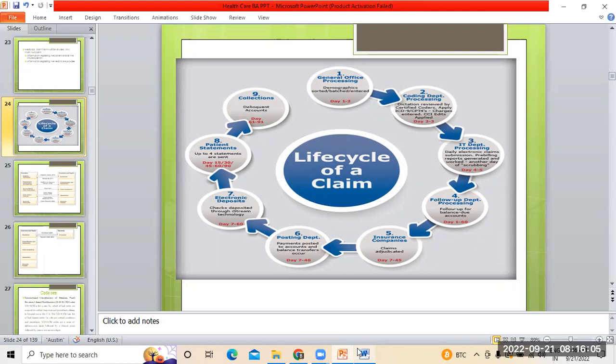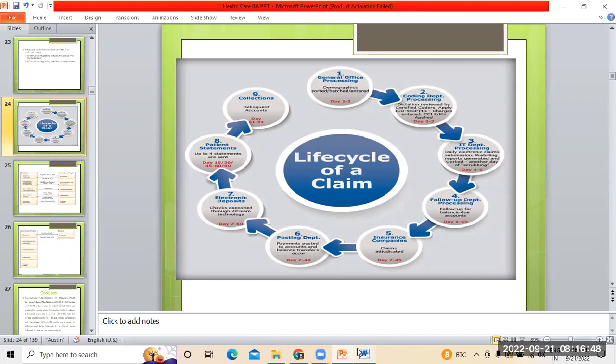Whereas the second is coding department processing, where we have to identify the type of services mentioned in the detailed information, and classify them based upon the code numbers that were already initiated, because there are some ICD codes, as I told you. ICD codes, like different EDI transactions, such as 835, 837.